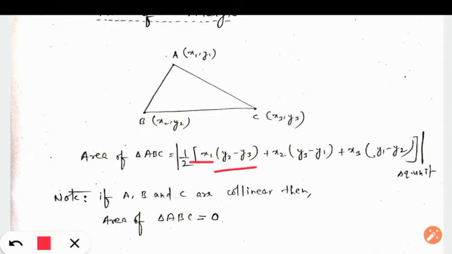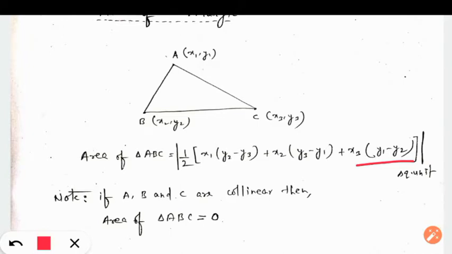See the last one: when we are writing x3, then within the bracket there should be y with suffix 1 and 2, because here we are using x with suffix 3. And what we have is y1 minus y2, that means we are subtracting 2 from 1, smaller from greater.